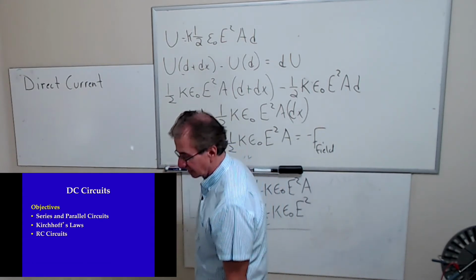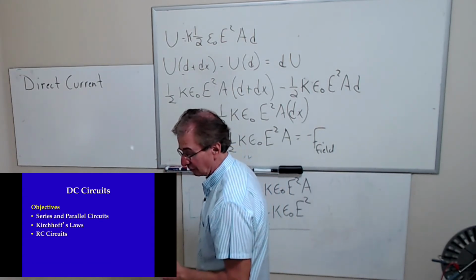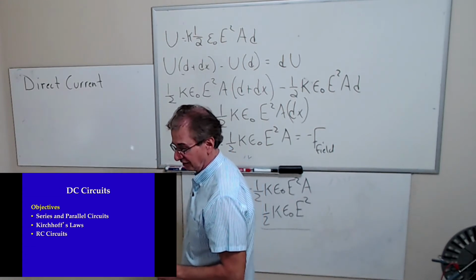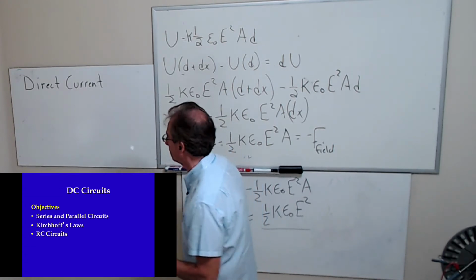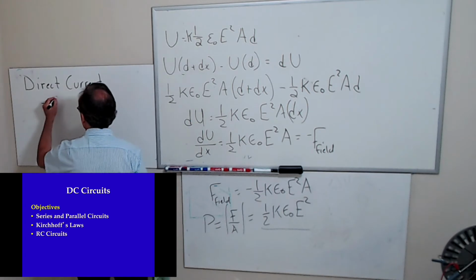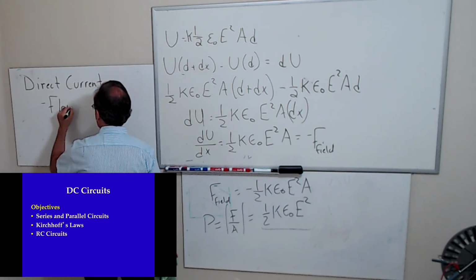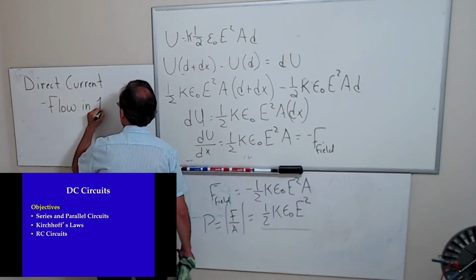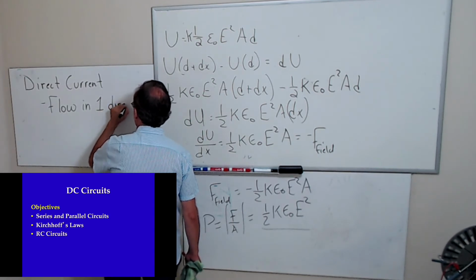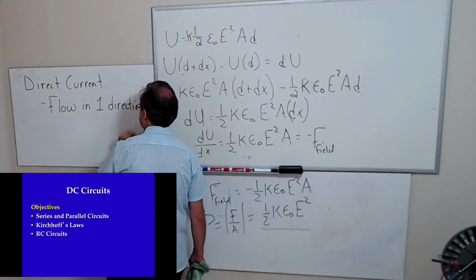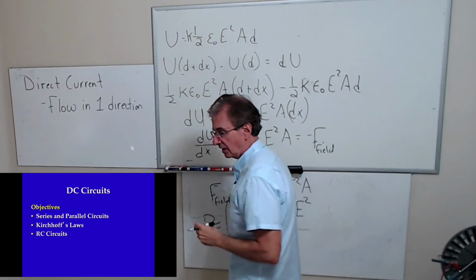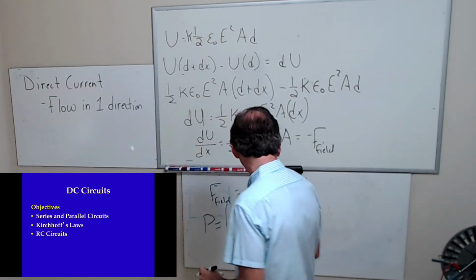Yeah, it's one direction flow. It doesn't have to be constant. It's just one direction flow. Even if the current is not constant, but it flows in one direction, we call it direct current.